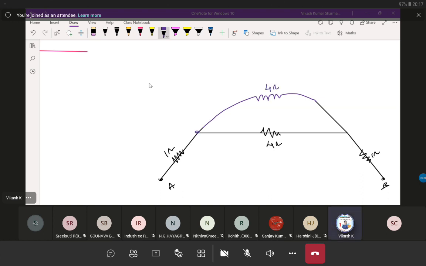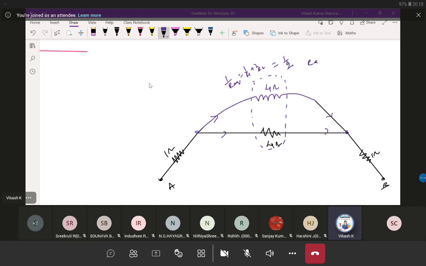Now if you look at these 2 points, current starts from the same point in 2 different circuits and meets at the same point. So now these 2 resistances are connected in parallel. What will be the equivalent of these 2? 1 by R equivalent equals 1 by R1 plus 1 by R2. 1 by 4 plus 1 by 4 means 2 by 4, and 2 by 4 equals 1 by 2, right?